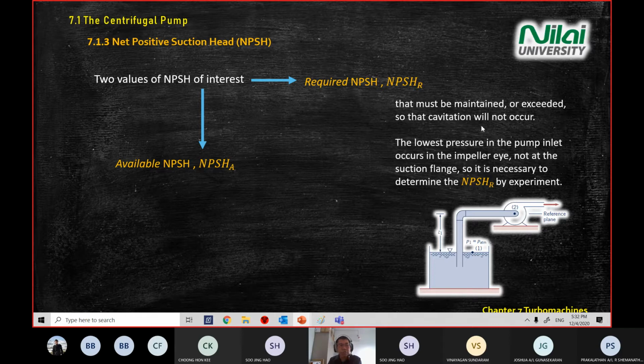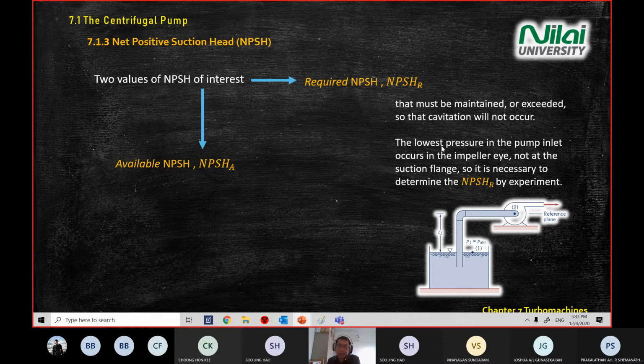So sometimes I want to test your understanding about the NPSH value. So I give you a value, and if the value is less than the required value, for example, required NPSH is 3 meters, and the value that you measure or get from an experiment is maybe only 1 meter, then cavitation will happen.